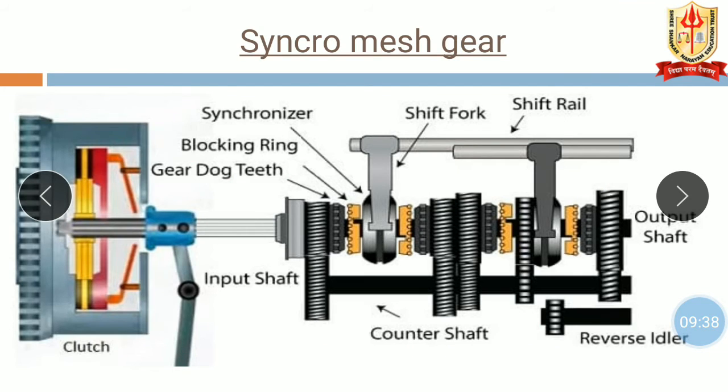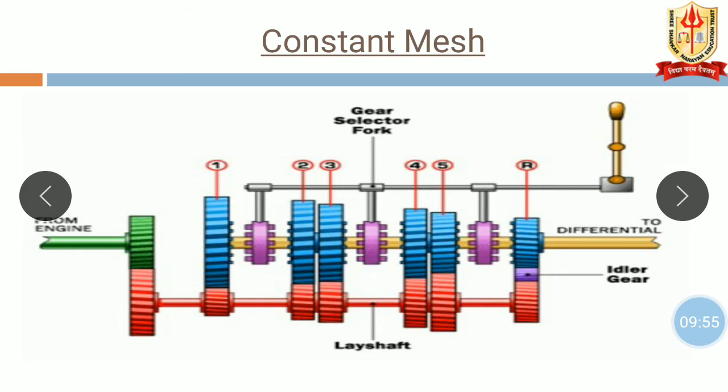Okay, this is the synchronous gearbox. The gearbox is the same. All the gears are going to be in engaged position as in the constant mesh gearbox. But the problem with this constant mesh gearbox is that we have to engage the gears with this dog clutch, and at that particular instant the gear is also rotating.